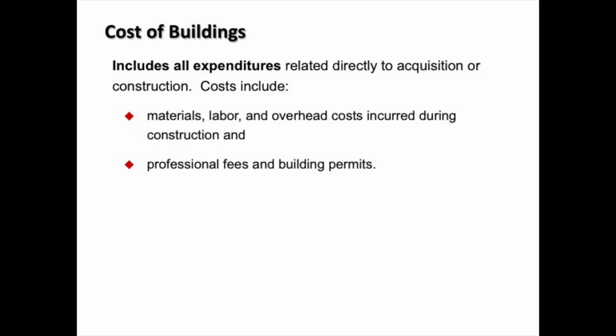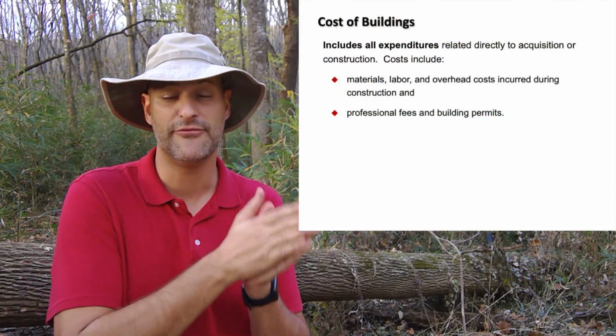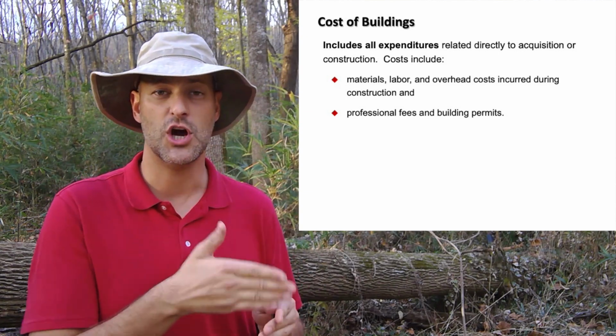Moving on to the cost of the building. The building includes all expenditures related directly to the acquisition or construction. Again, we start with land, we get the land ready for the building. Once the land is ready for the building, then the building costs start.